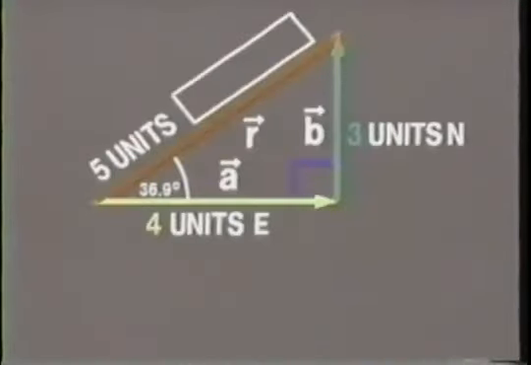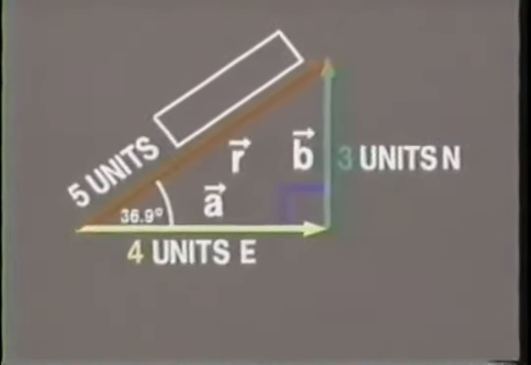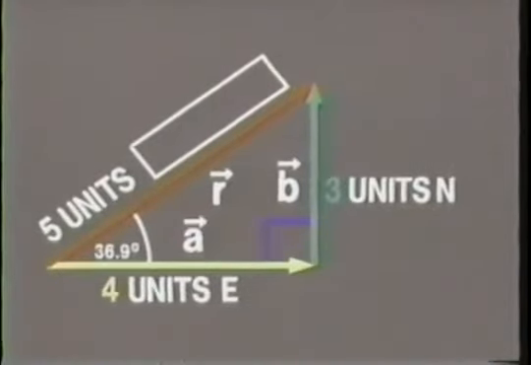If we now replace the trigonometric notation with the original vector names, we see that the direction of the resultant R is 36.9 degrees north of east, and its magnitude is 5 units.